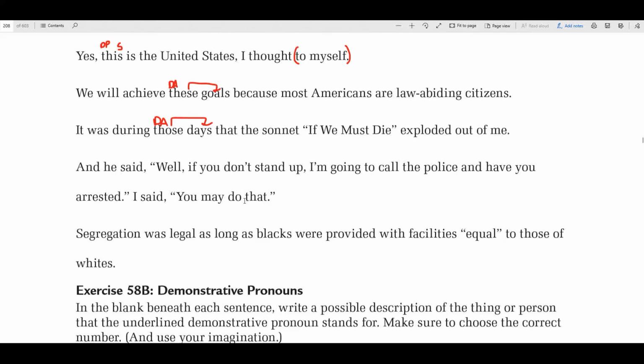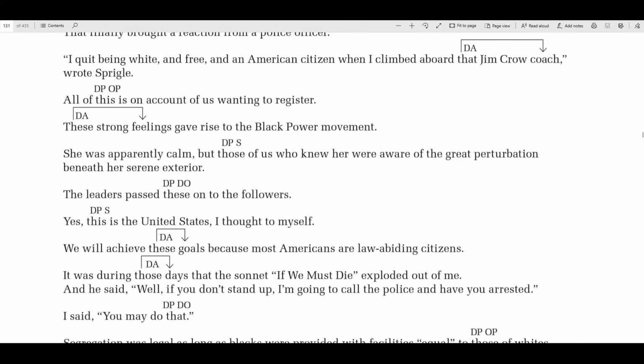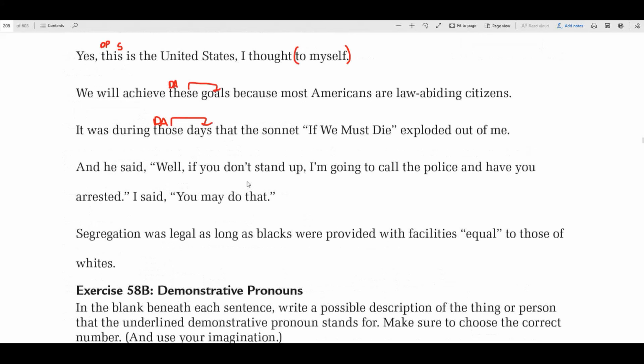I do believe this is going to be a direct object, which would make it a demonstrative pronoun. Let's check it though before we mark it. Yep, it is correct. Because that is what's receiving the action. So it would be a demonstrative pronoun because it is an object.